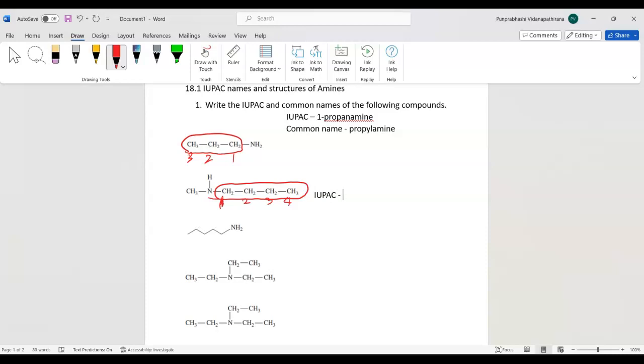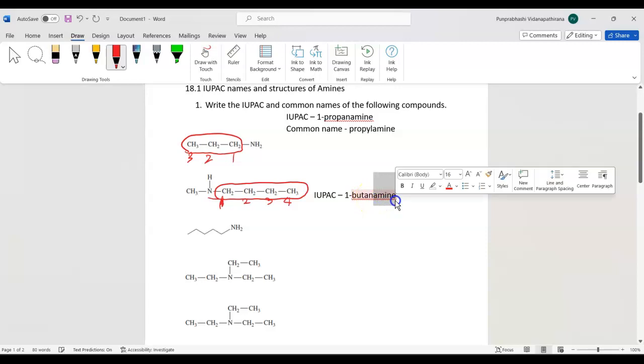Start with the alkane name butane. Since this is an amine, I would say 1-butanamine. I simply replace the E with amine.